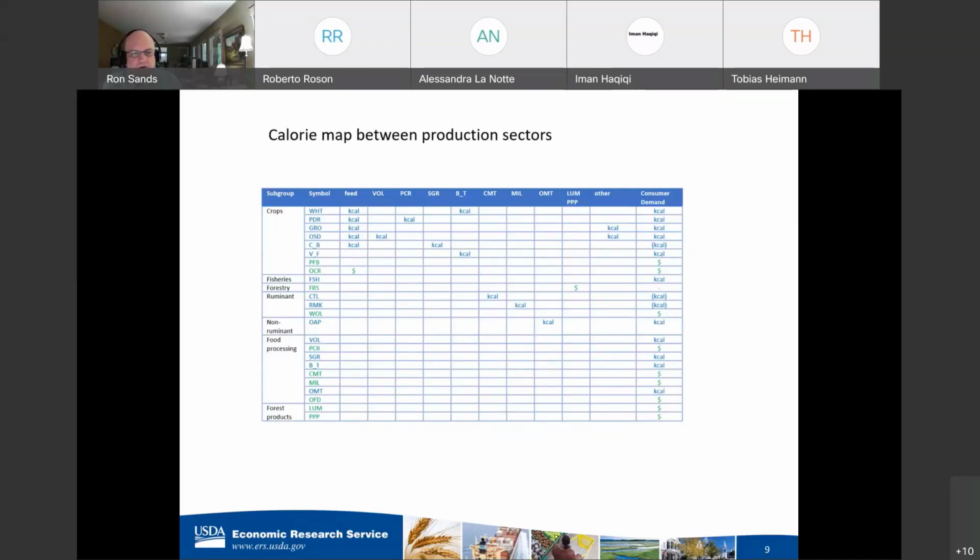And so there are 14 rows where that happens. The other rows stay in terms of monetary units.